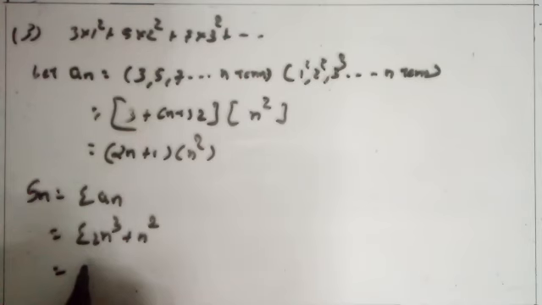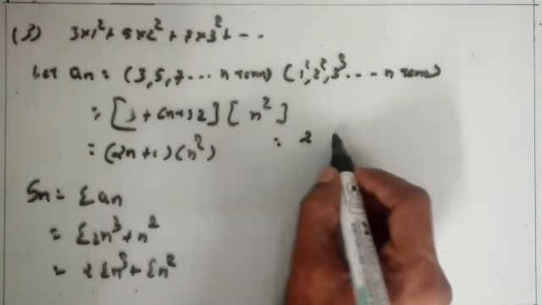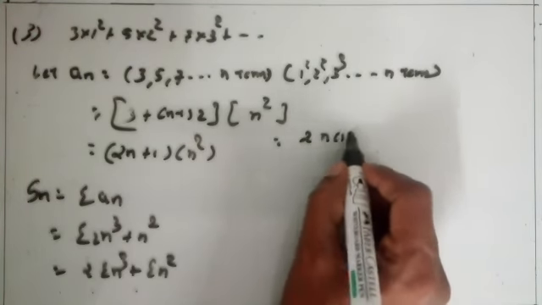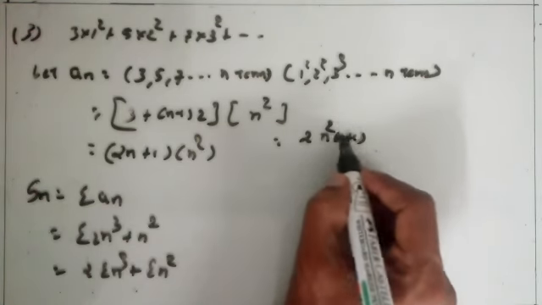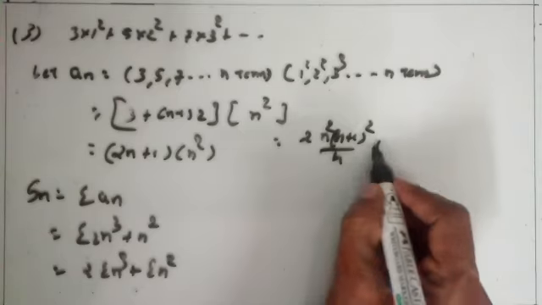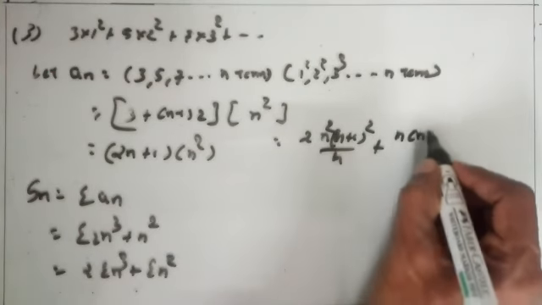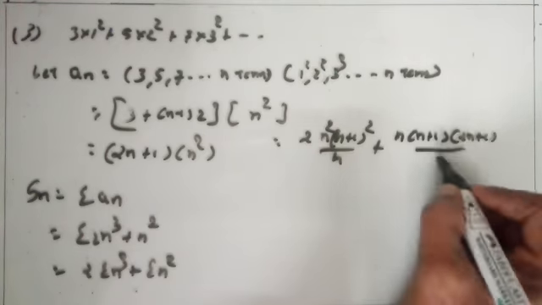Now sigma applied to all, so 2 into sigma n cube plus sigma n square. Sigma n cube, we know, is (n plus 1) upon 2 whole square, so n square (n plus 1) square upon 4, plus sigma n square is n (n plus 1)(2n plus 1) by 6.